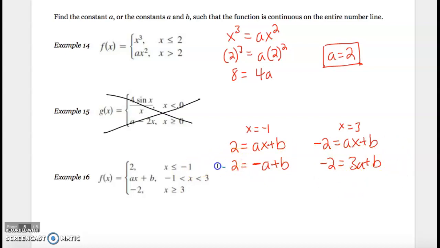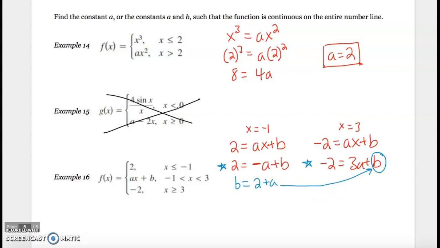I have one equation that has an a and a b in it, and another equation that has a's and b's in it, so I can combine them. I think I'm going to use substitution, so I'm going to rewrite the first equation so that it's solved for b. If I add the a over, it'd be 2 plus a.